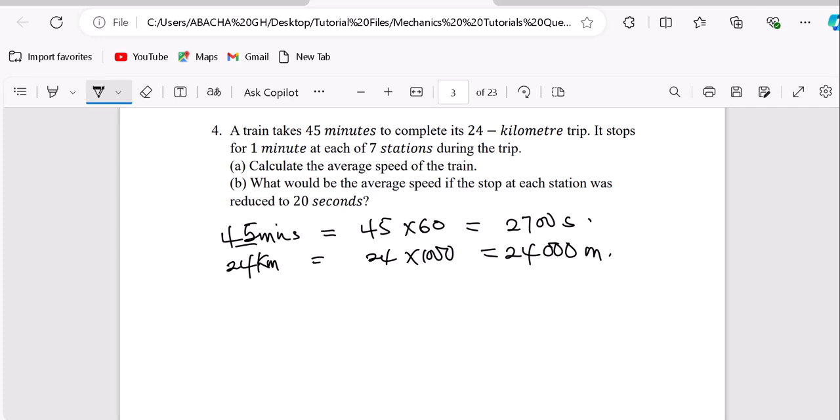So it stopped at 7 stations, and at each of the 7 stations it spent 1 minute. So we say 7 times 60 seconds, and we get our time in seconds. The time stopped is 60 times 7, which gives you 420.